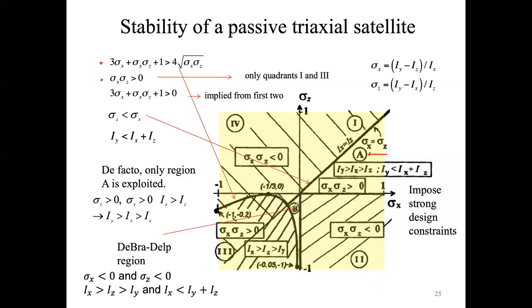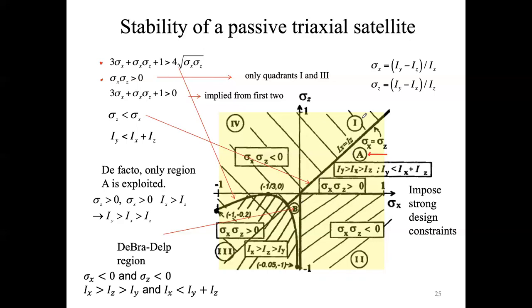So you have this B region here that is called the Delp-Brad region. However, both regions have problems in stabilities related to the design of the spacecraft.